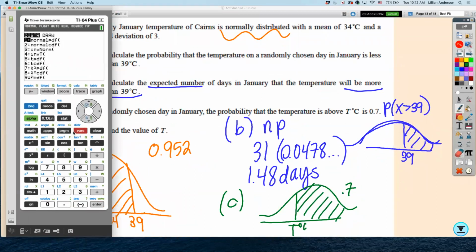So I go to second vars, inverse norm. But what do I plug in for my area? Oh, my thing updated. 0.7. No, 0.3. It'll be 0.3 because remember, it's the area that's to the left. So I plug in 0.3. My mean is 34 and my standard deviation is 3.